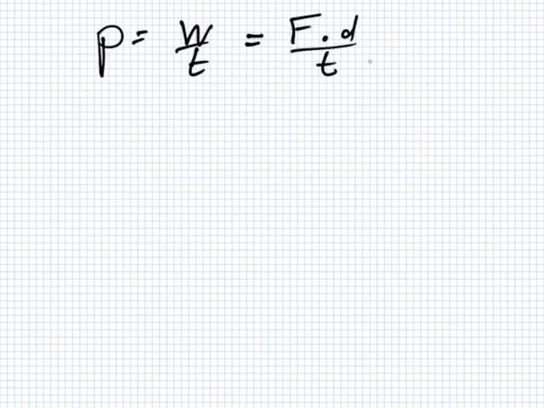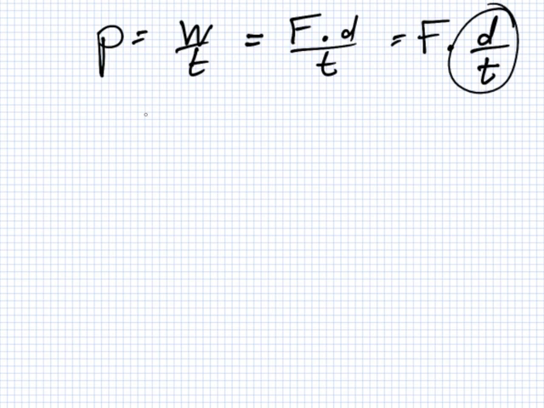So power equals work over time. But what's the formula for work? Force into distance. Force multiplied by distance. But look here, what is distance divided by time? Speed. So you have power equals force multiplied by speed. So then what does force equal? Power divided by speed.